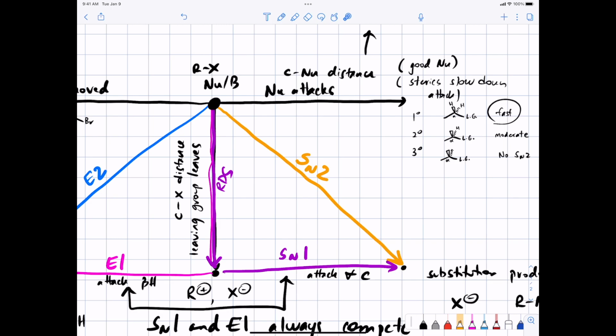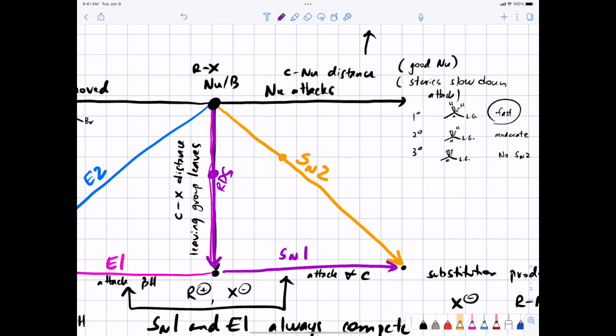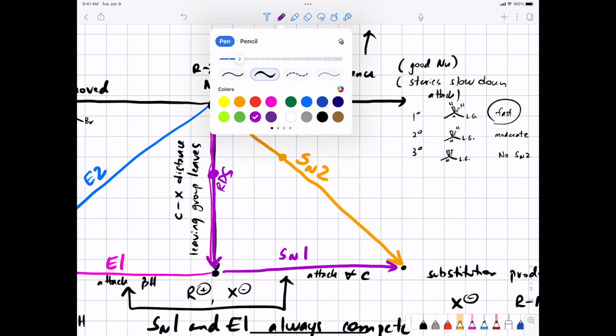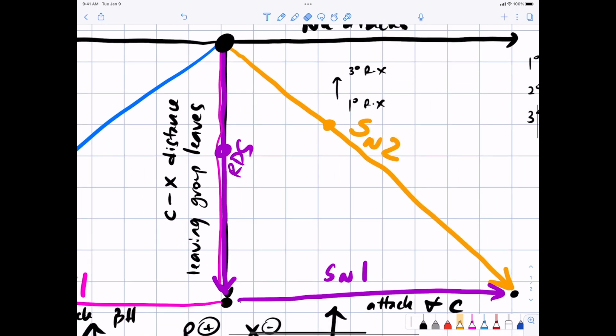So you have a trade-off. If I were to plot where the transition states are for the SN2 reaction versus the leaving group leaving reaction, I might say what makes this transition state higher in energy as you get to a tertiary alkyl halide from a primary alkyl halide. And that's why we're going to have SN2 be imperceptibly slow for tertiary alkyl halides.